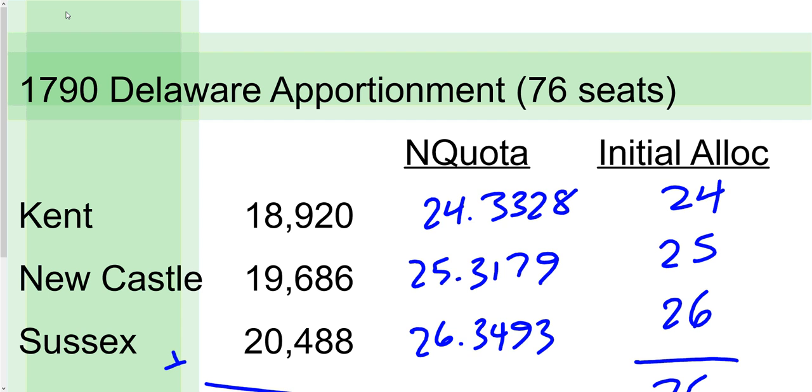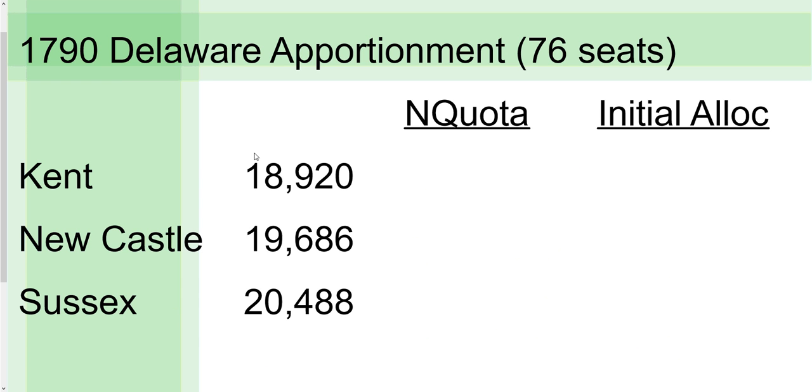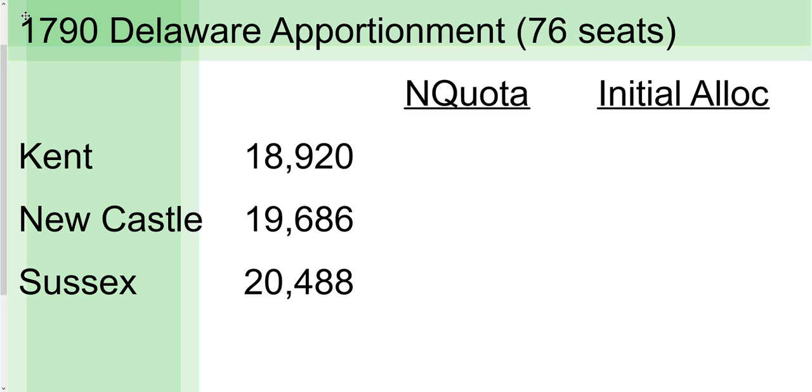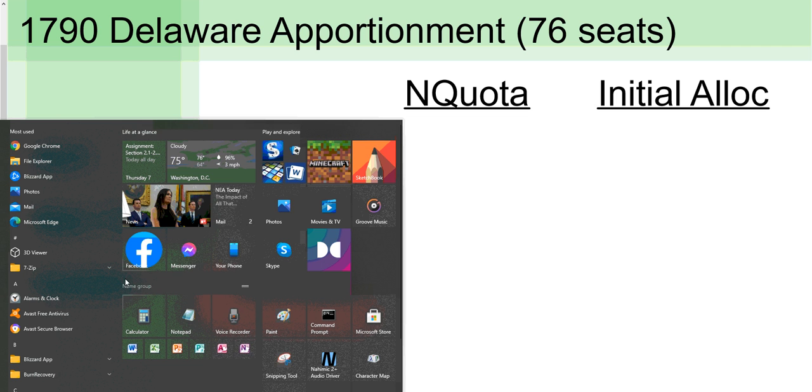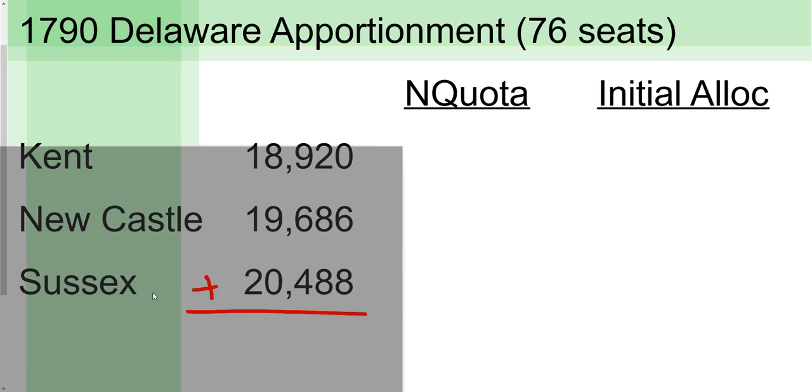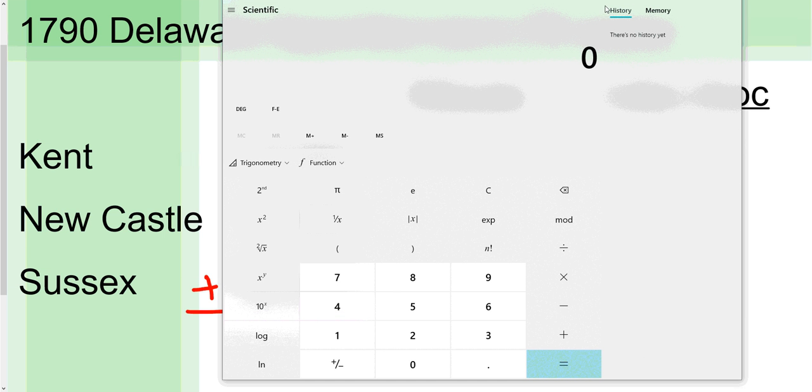Okay, so let's go through this problem here. We have the 1790 Delaware apportionment, 76 seats. So again, we have 76, and we can come up with some totals. Always remember to first have your total there. Now, in this case, I need a calculator. All right, so let's pull up the calculator here.